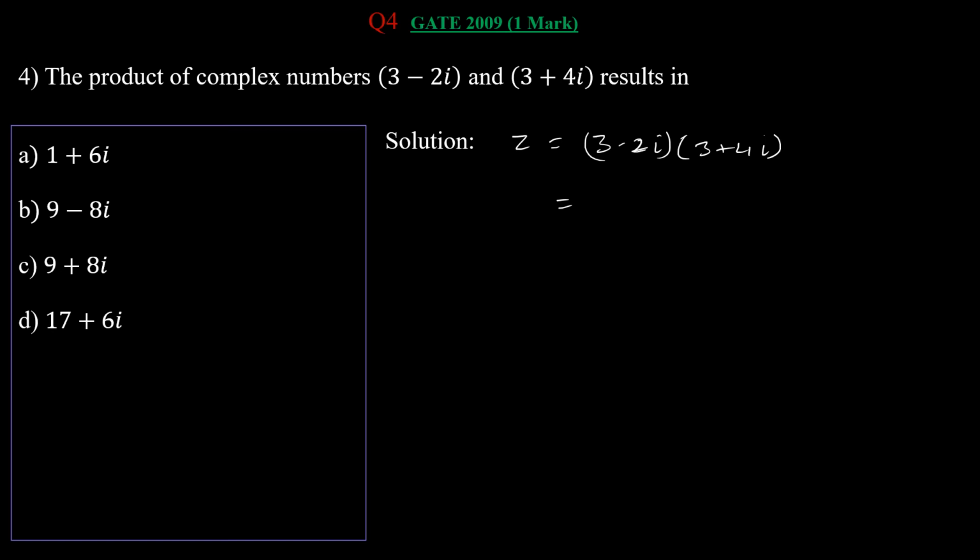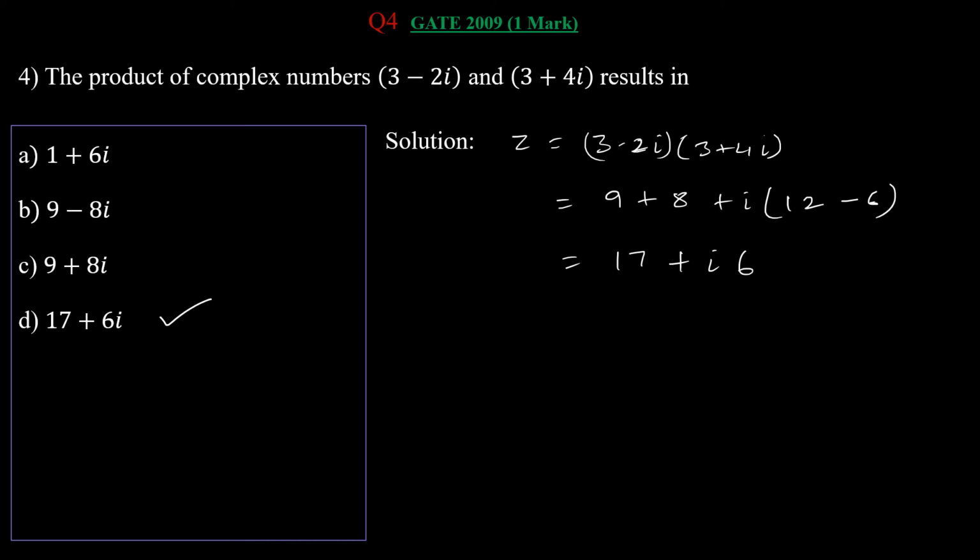First real and real that we multiply: 3 3s is 9, and 2 into 4 is 8, i square is there, so plus 8 that we can write, plus i, real and imaginary that we multiply. So 3 4s is 12 and 3 2s is 6. So it is what, 9 plus 8 that is 17 plus i times 6. So your answer is 17 plus 6i.